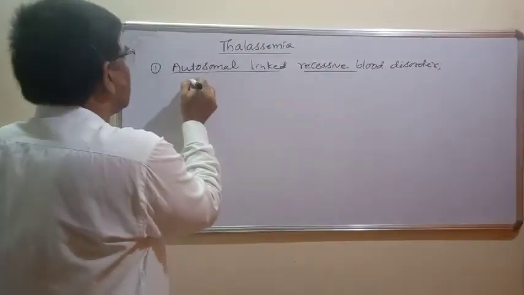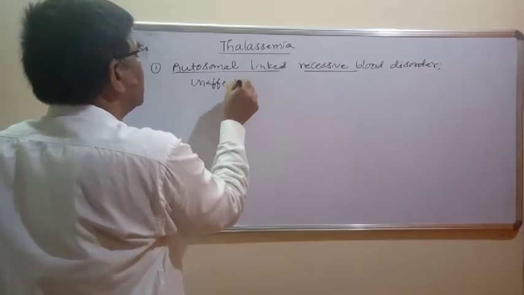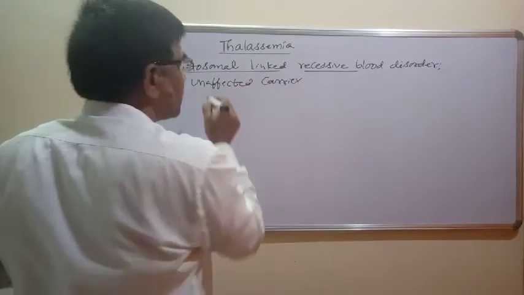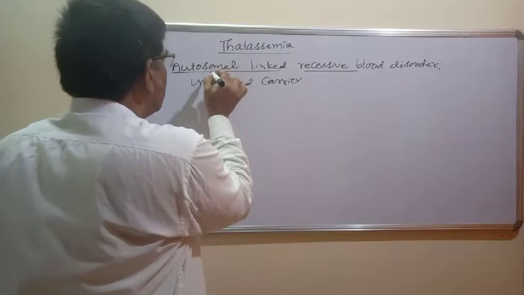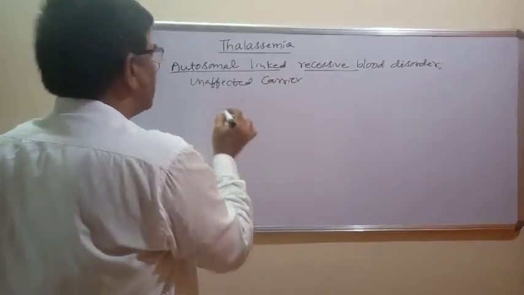Okay, so now what are you understanding by this term, autosomal linked recessive blood disorder?